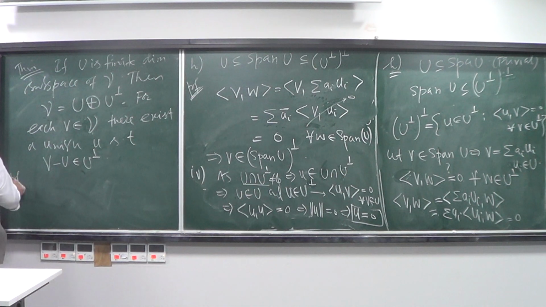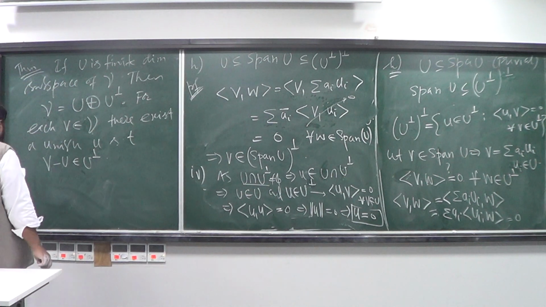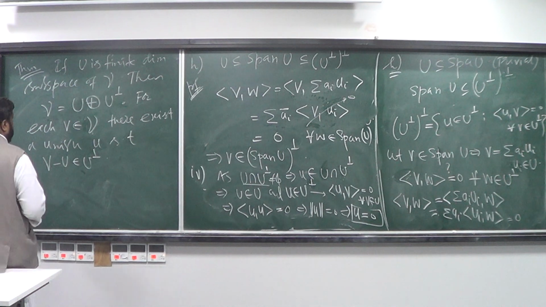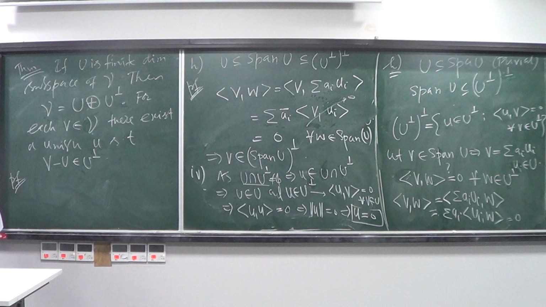So here's a quick proof of it. U is a finite dimensional subspace, so you can always find an orthonormal basis of it.